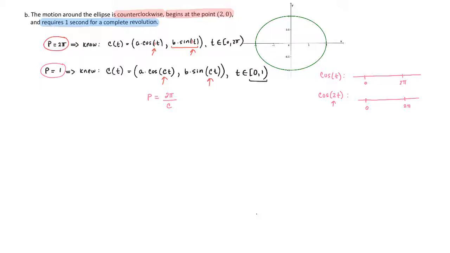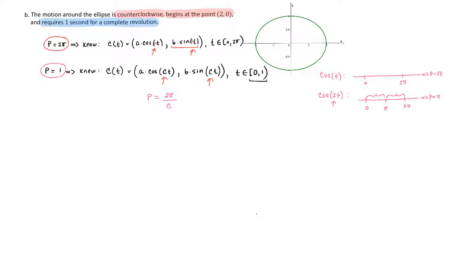That means that I'm going to see 2 perfect cycles between 0 and 2 pi, meaning that the period is going to be pi. There's going to be one cycle from 0 to pi, and then another identical cycle from pi to 2 pi. So here the period is pi. In the original one, the period was 2 pi.